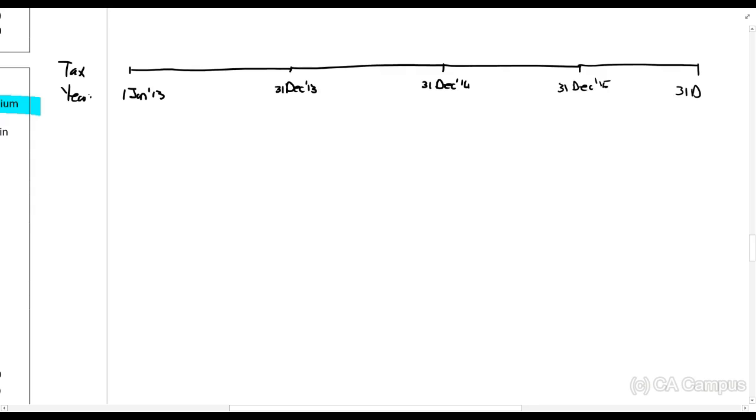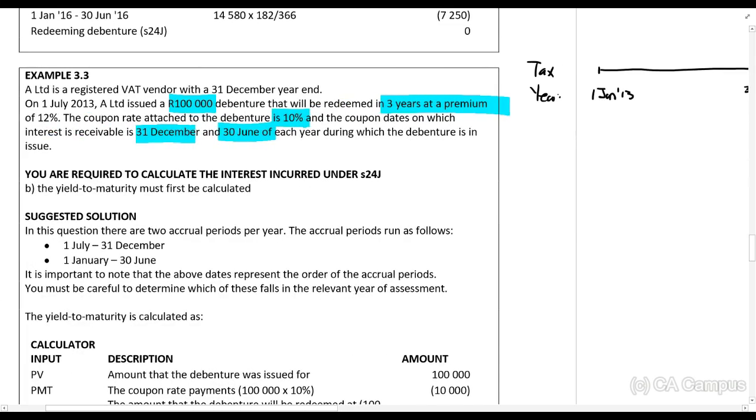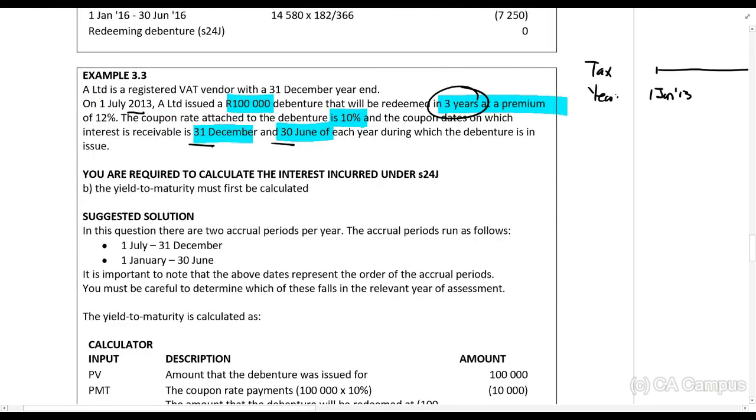Okay, so there are our years from 2013 to 2016. Then they tell you, on the 1st of July they issued it, and you have to pay it on the 31st of December and the 30th of June. Okay, and it is for 3 years. So, how many times a year do you pay? Twice. 3 times 2, 6.